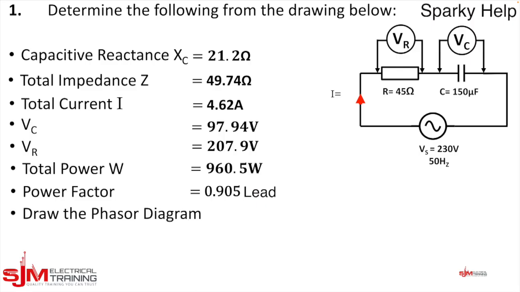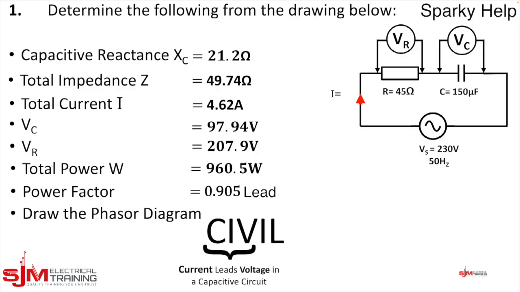Let's start with the phasor diagram then. We can draw this to scale. I have drawn it to scale on the screen, but you could sketch it because we know where they're going. Remember, CIVIL: the first 3 letters, C-I-V, current will lead the voltage in a capacitive circuit.